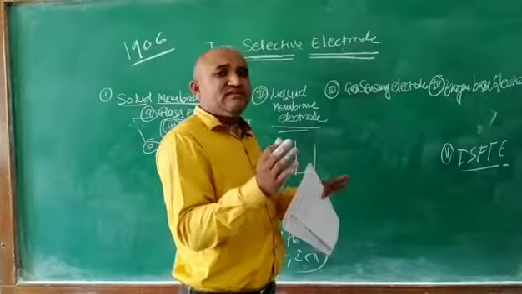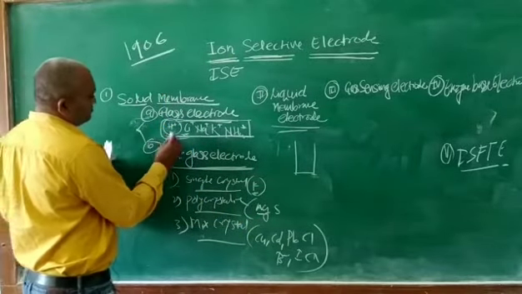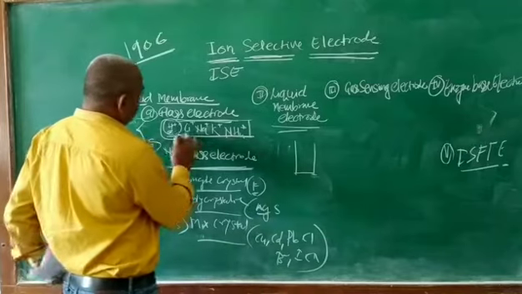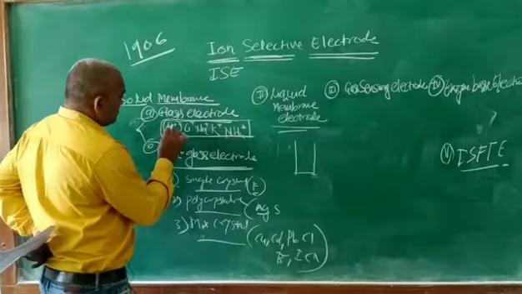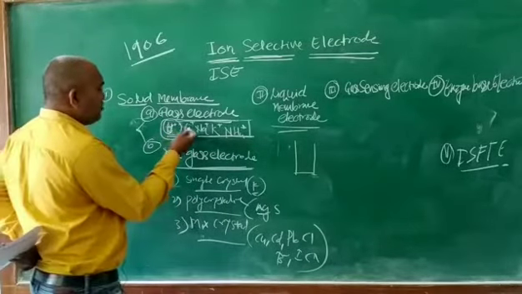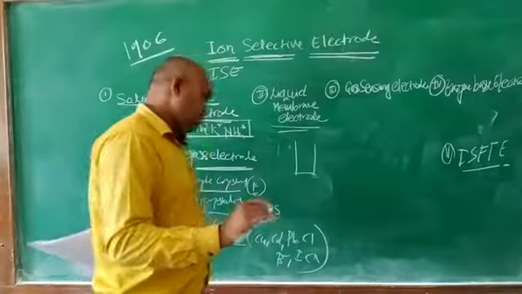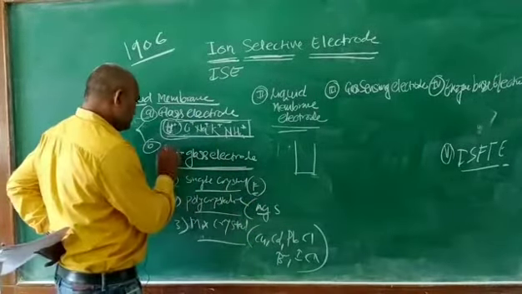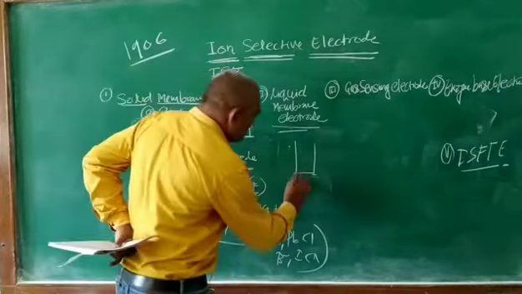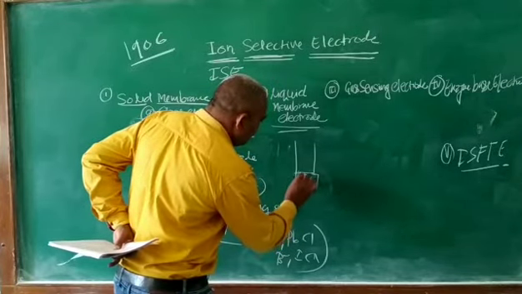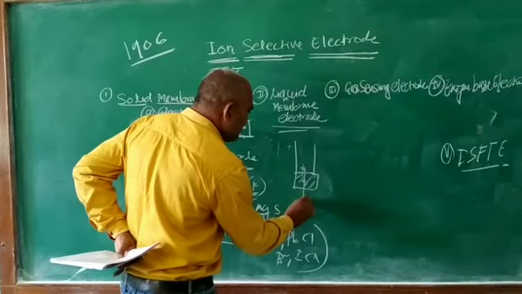In the glass electrode we measure hydronium, lithium, sodium, and in the non-glass electrode the membrane is replaced by crystals. So in the non-glass electrode we put crystals here, and from these crystals there is an exchange of ions.